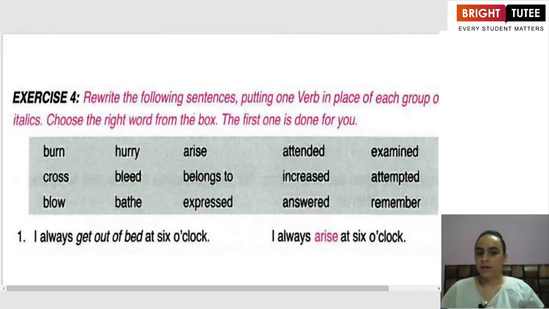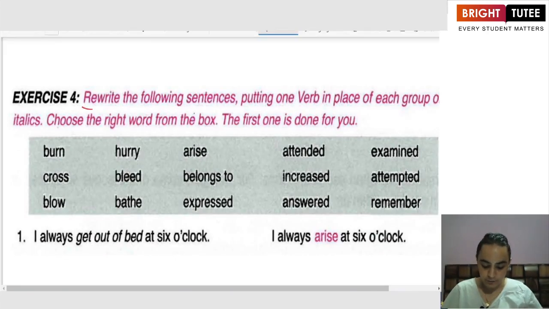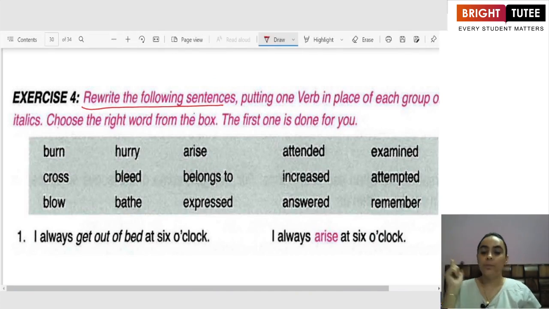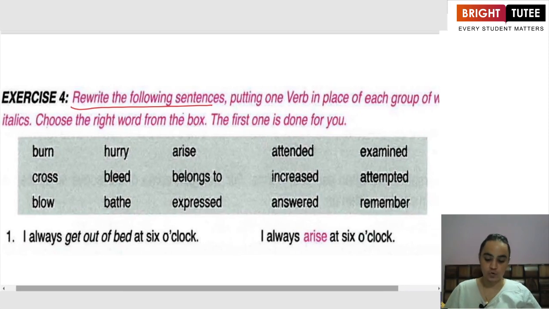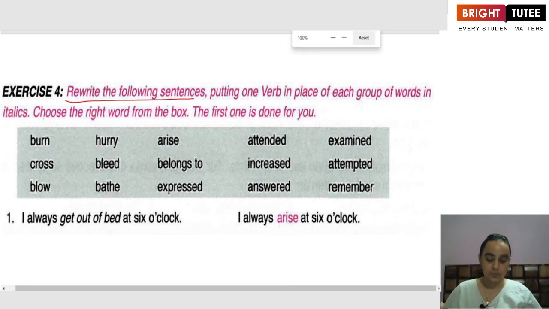All right. Let us look at the last exercise, which says rewrite the following sentences, putting one word in place of each group of words in italics. Choose the right word from the box. The first one has been done for you.